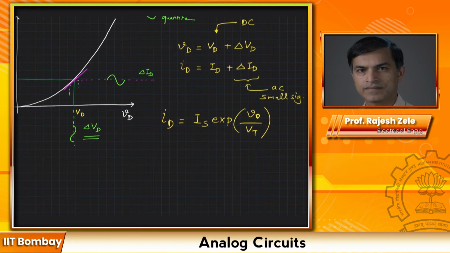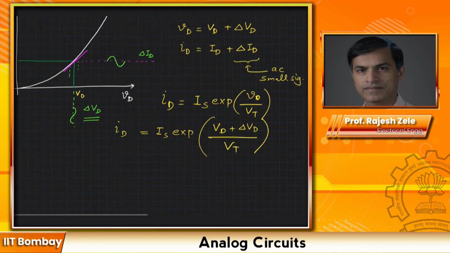So we have ID is equal to IS exponential VD plus delta VD divided by VT.